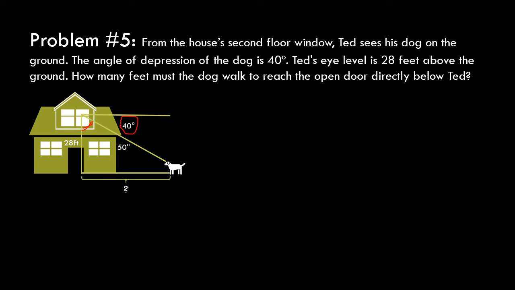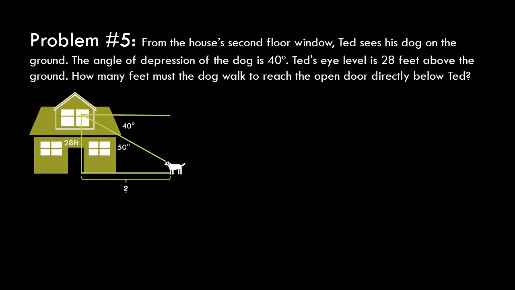Now, we can use the trigonometric functions. So in our angle right here, this 28 feet given is the adjacent of our angle. And this distance that we are looking for is the opposite side of our angle.